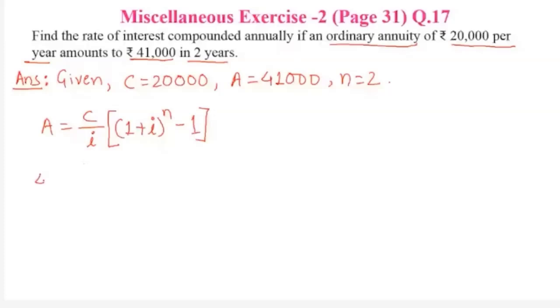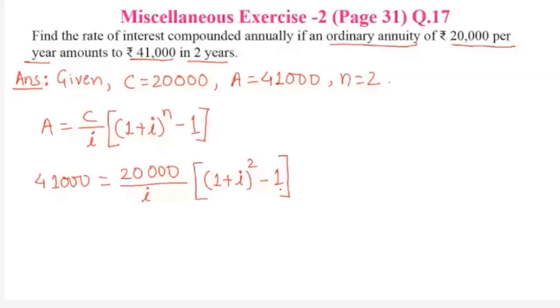A is 41,000, equal to 20,000 upon I as it is, in square bracket, in round bracket, 1 plus I as it is, squared, minus 1. What next now? Keep I on one side.